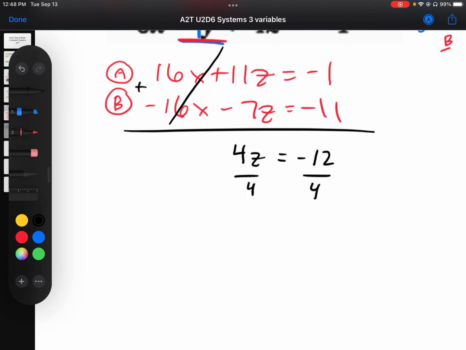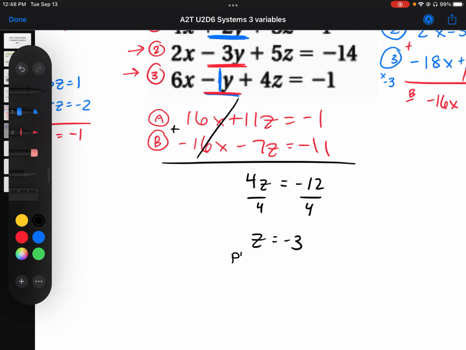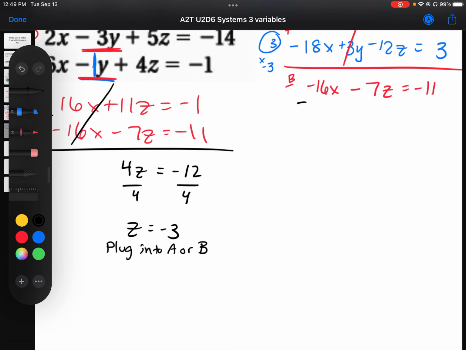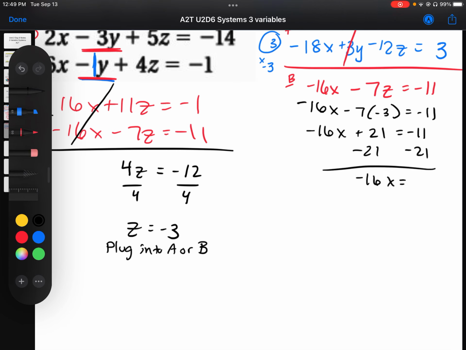Divide by 4, so z is -3. Plug into A or B. Does not matter which one you plug it into. I'll plug it into B since I'm right there. -16x minus 7 times -3 equals -11. Subtract 21. Divide by -16.